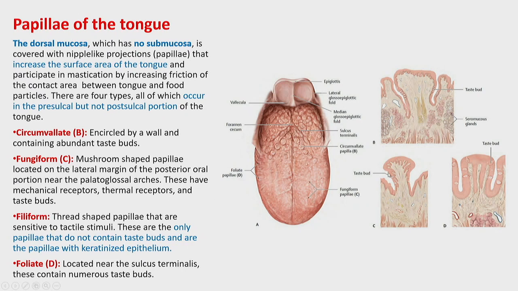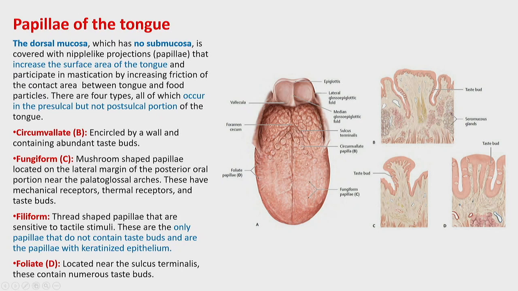As we said, in the anterior two-thirds of the tongue, on the dorsal surface or superior aspect of the tongue, you have a lot of papillae. We classify these papillae into four main groups. The first one, which is the biggest, is located exactly in front of the terminal sulcus.